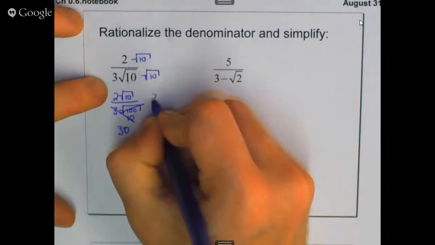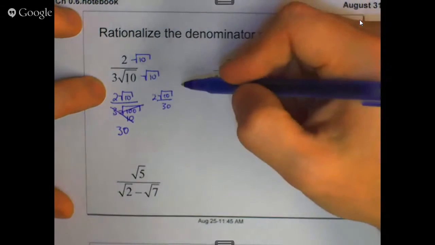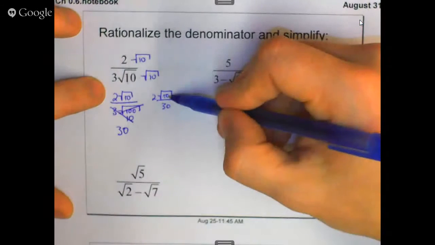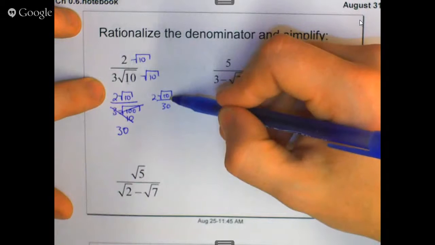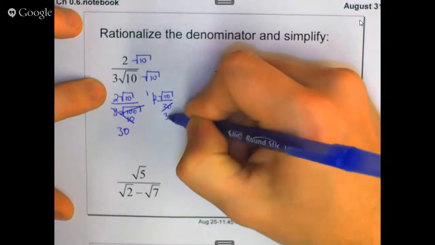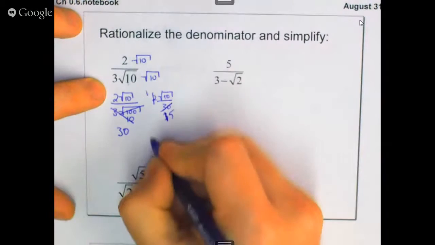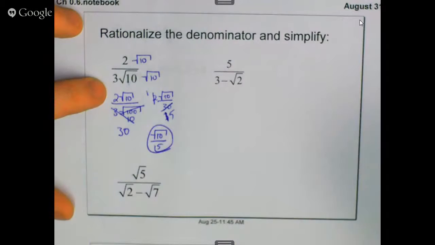So I have 2 radical 10 over 30. Now I need to see if I can cancel. I cannot cancel the 10 and the 30 because 10 is under the square root. So I'm going to cancel the 2 and the 30 and make that a 15. So in the end, I got radical 10 over 15. And we're finished.